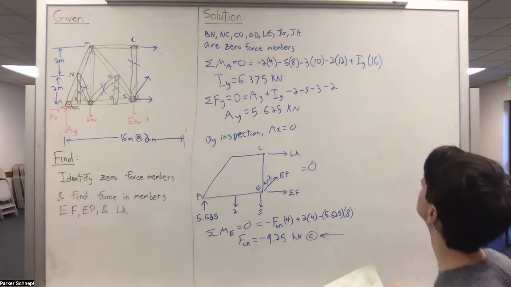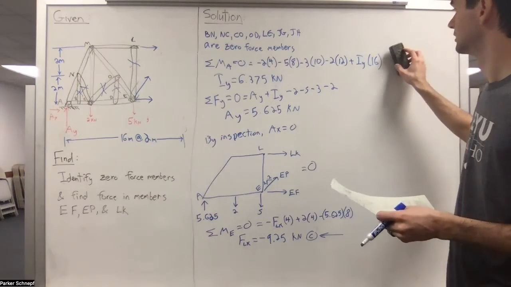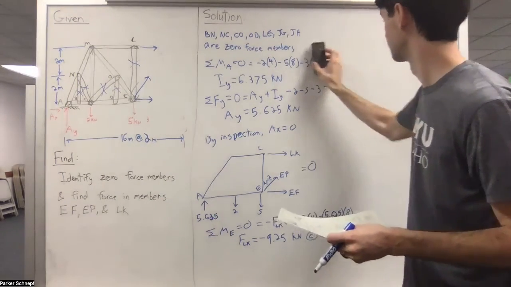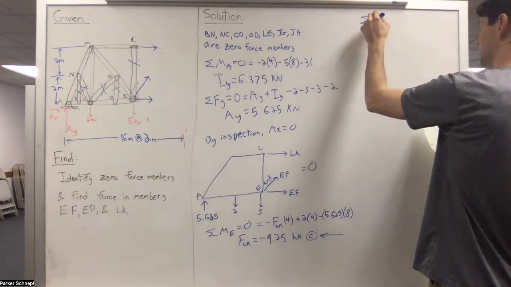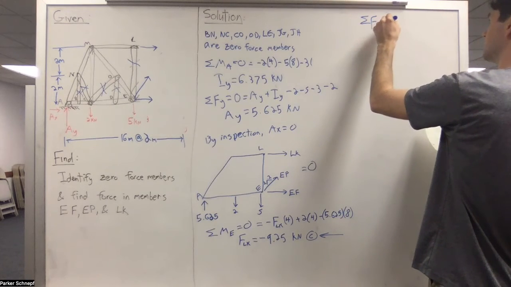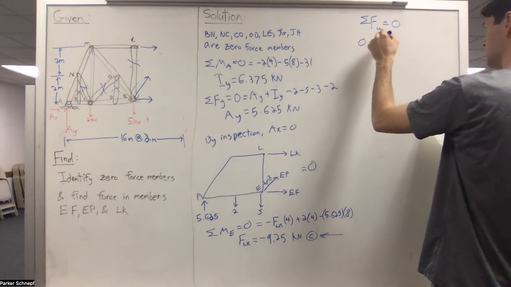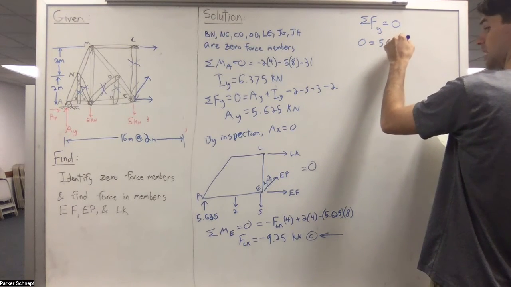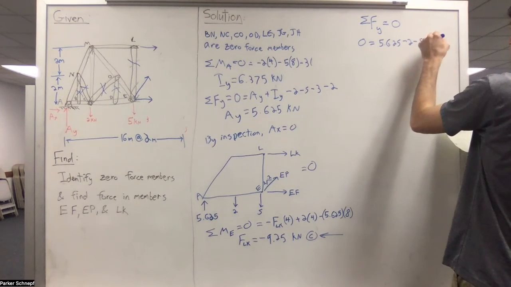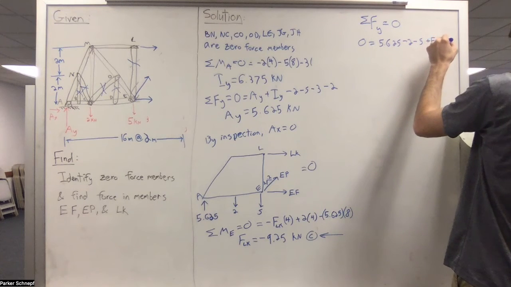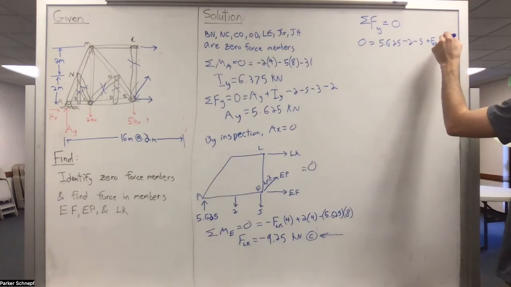Okay. And then I went a little too far, so we're just going to do my sum of my forces in Y. So that gets me 5.625 minus 2 minus 5 plus FEP times the cosine of 45.